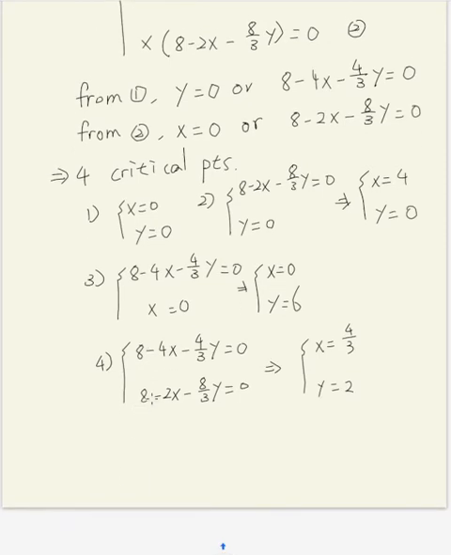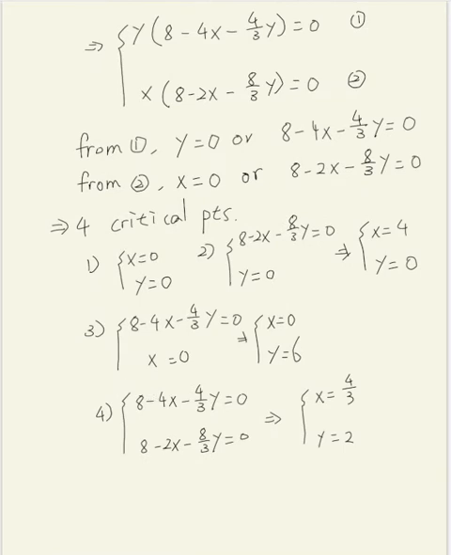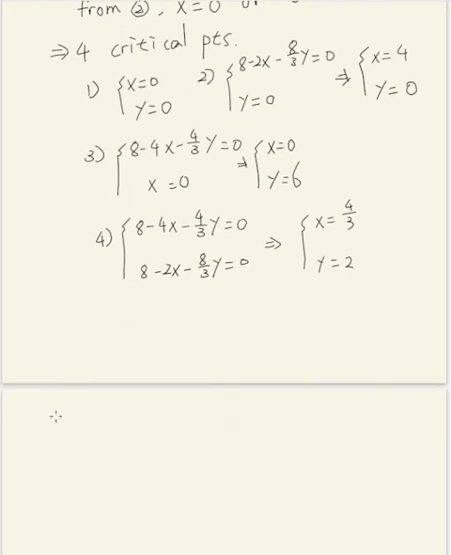Okay, so we have our 4 critical points. Now apply the second partial test to determine whether they are maximum, minimum, or saddle points.